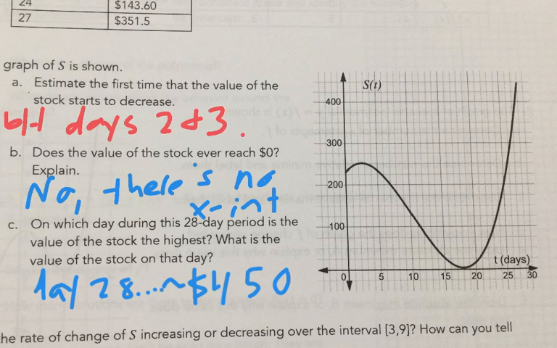So some things we want to talk about here. Remember between days 2 and 3, we said that the graph started to decrease for the first time. So this is a hilltop, right? It's a maximum value. But is it the maximum value of the 28 days? No, the maximum value happens over here.